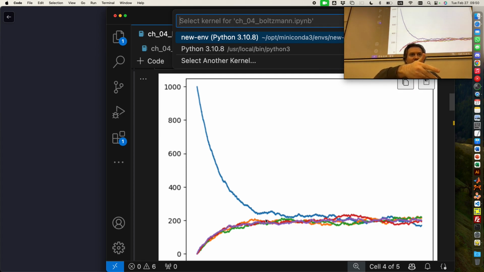Do you see? So it quickly gets erased, and eventually we land on the equal probability state. In terms of macro state, micro state is just like a soup going on like that, but macro state seems to be converging at something stable.